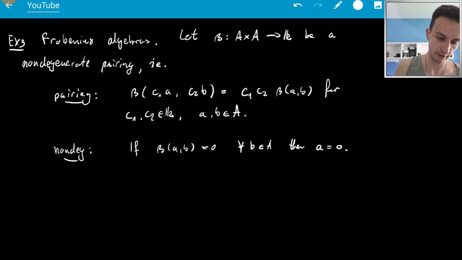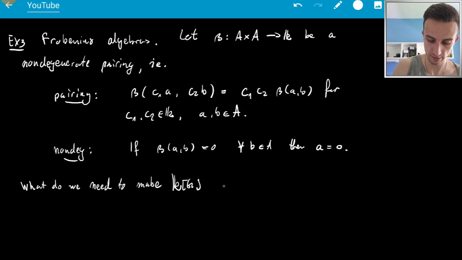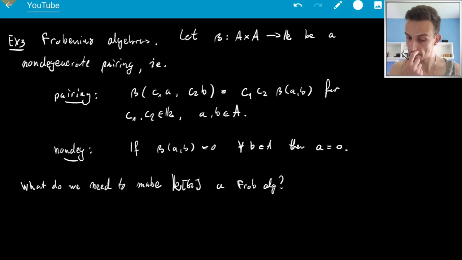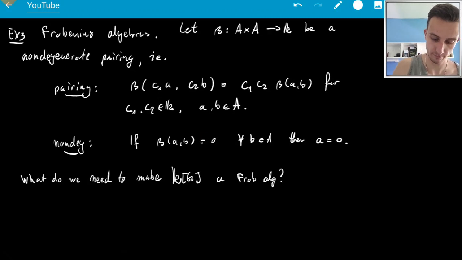So let's ask the question, what do we need to make Kg a Frobenius algebra? Well, we need to define beta. Perhaps here I should say then A is a Frobenius algebra.